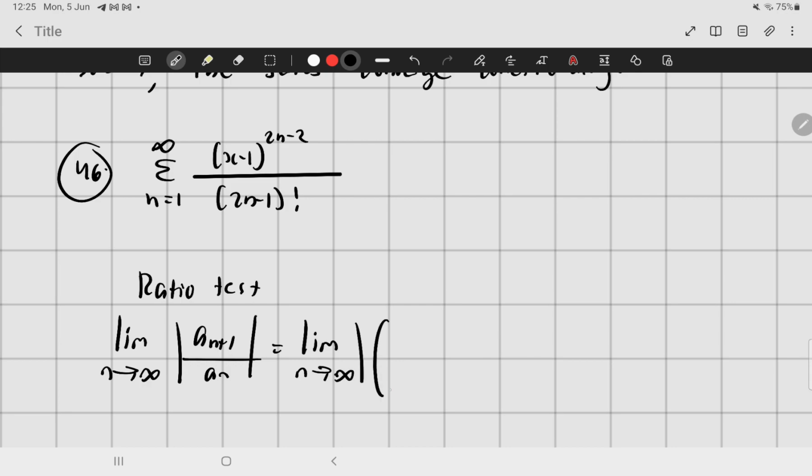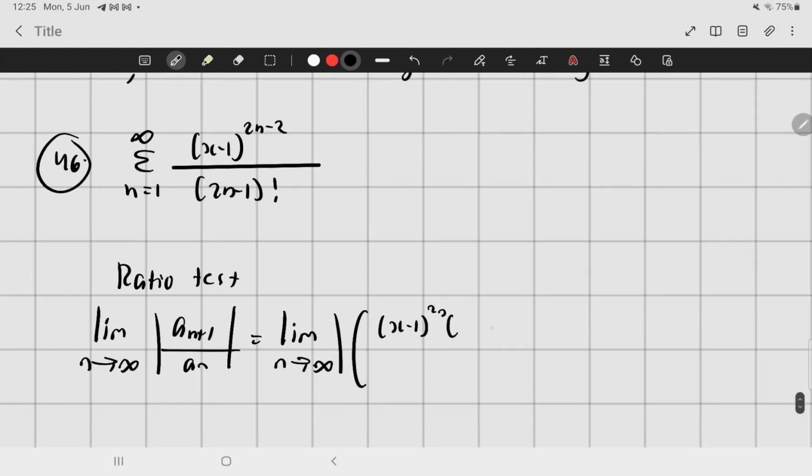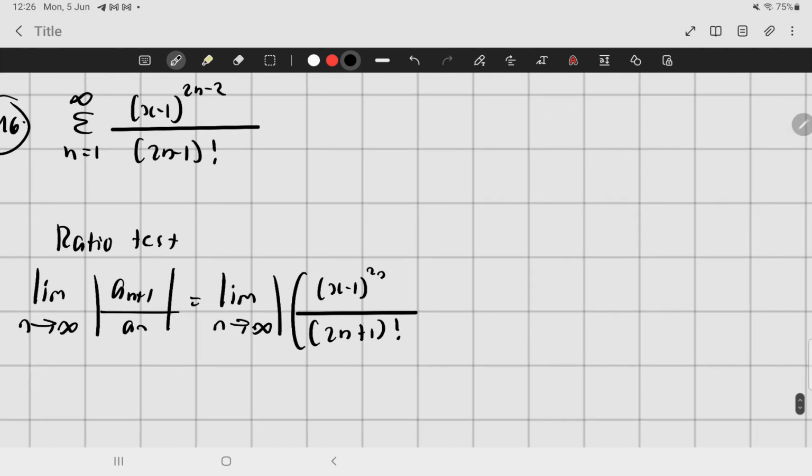So here, when we replace n with n plus 1, it will be (x minus 1) to the power of 2n times (x minus 1), wait, 2n plus 2 minus 2, so 2n. And then divided by (2n plus 1) factorial.